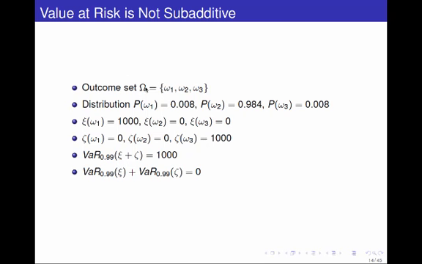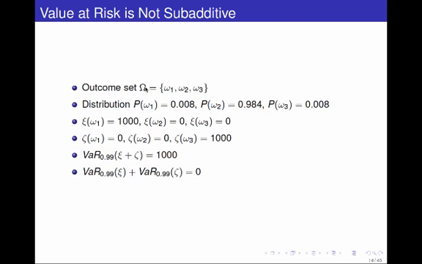So the value at risk at 99% is actually 1,000. So the worst thing that can happen to you 99% of the time is actually paying 1,000. Now, the VaR at 98.4% is not 1,000, it's 0, but once you ask for the VaR at a higher number, it becomes 1,000. So that results in a violation of subadditivity.